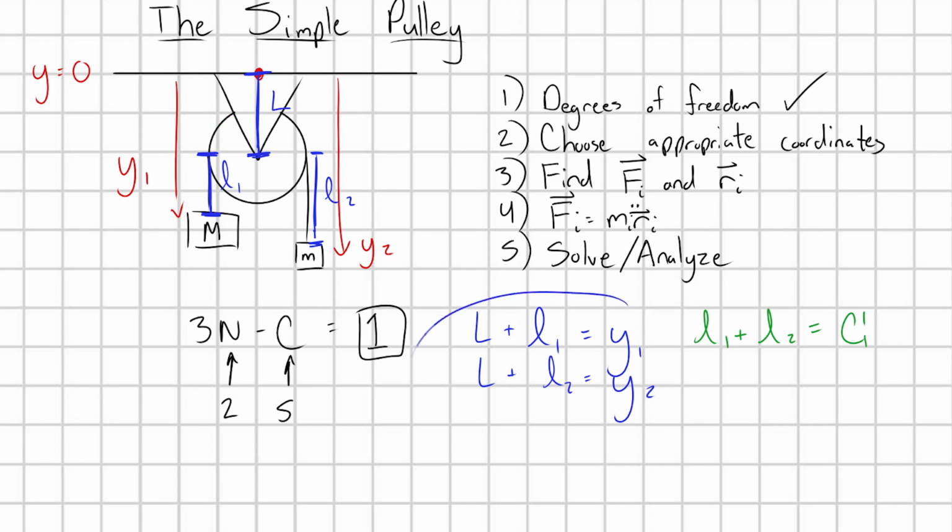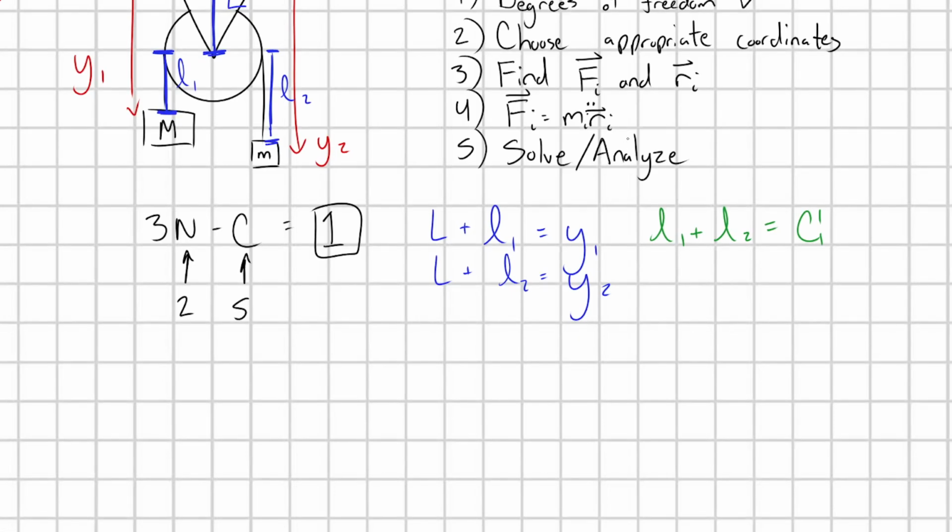So now, how do we rewrite these expressions capitalizing on this constraint here? Well, look at what happens if I just add these two expressions together. I'm going to get 2L plus L1 plus L2 equals Y1 plus Y2.